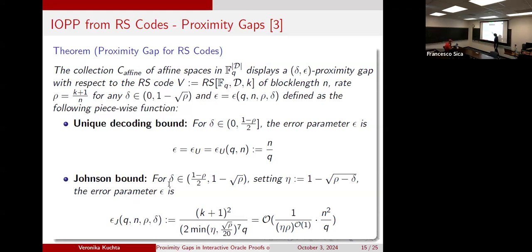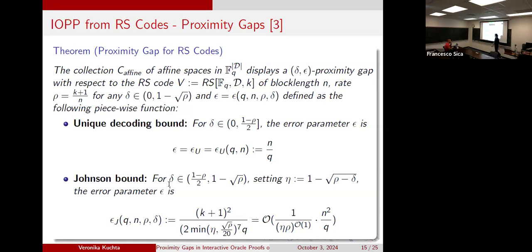two ways. So if this proximity parameter lies in the first half of this interval, from 0 to (1 minus rho) over 2, then the decoding error is defined like that, n over q.